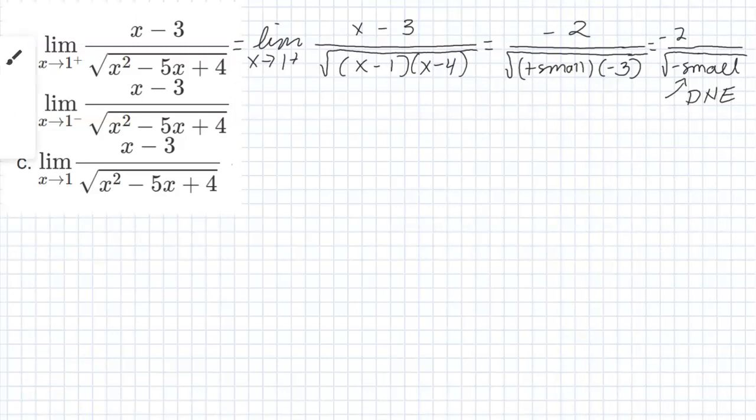But a better question for us to look at, when we run into issues like this, we should be thinking, okay, so how did that happen? Why is that? Well, we should look at the domain of this function.